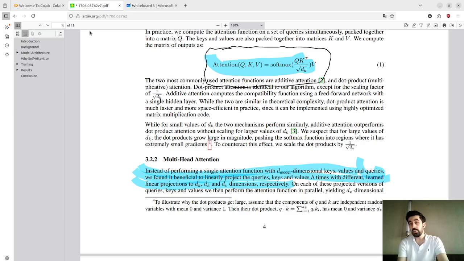So one attention could be looking positionally. Another attention may be looking at which is a verb, which is a subject, which is the object of a sentence. And another one may be looking at references. For example, I and Ali are referencing each other in the example I gave.